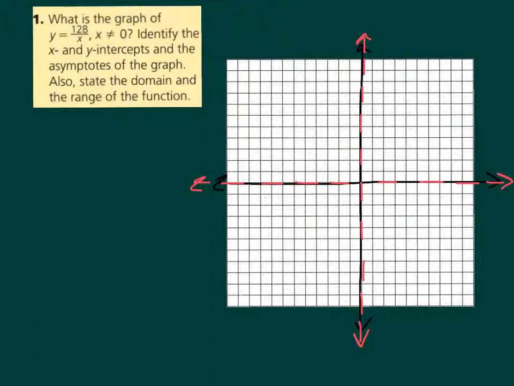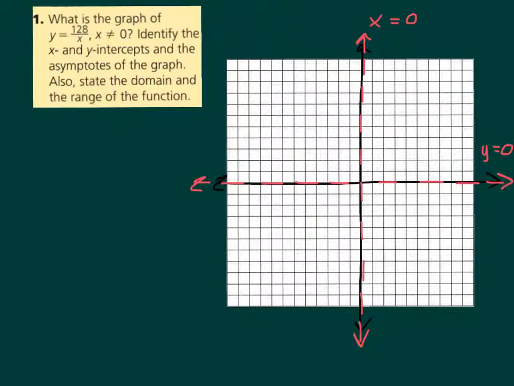What are the x and y intercepts? We have that our vertical asymptote is x equals 0. Our horizontal asymptote is y equals 0. So since our asymptotes are the axes, we're never going to touch them. So what are the x and the y intercepts? There are none. Now, vertical asymptotes you never, ever, ever touch.